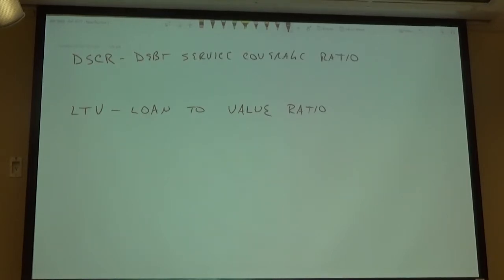Debt service coverage ratio, DSCR, sometimes abbreviated just to debt coverage ratio, DCR, is simply your net operating income divided by your annual debt service. I'm going to come back to that in just a second. Your loan to value ratio is the loan amount as the numerator, divided by the market value of the property as the denominator.